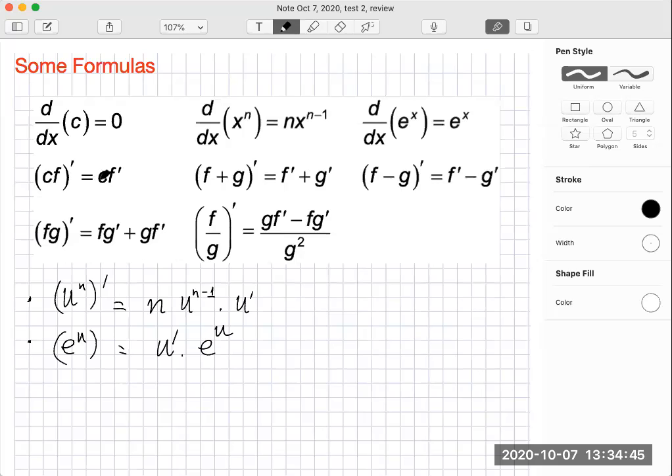And similarly, a constant we can take out easily. The derivative of a sum will be the sum of derivatives. The derivative of a difference will be the difference of derivatives. Product rule and quotient rule, okay? These are basic, so we can move on.